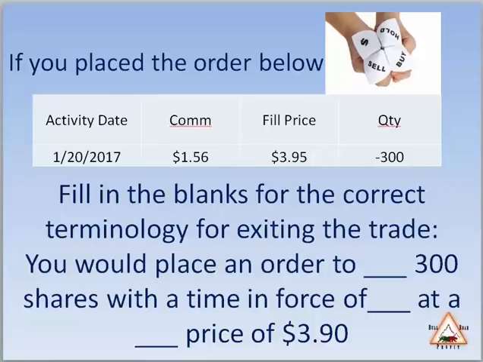On January 20th, you entered the trade at $3.95 and the quantity is negative 300. So you fill in the blanks here. You would place an order to what 300 shares with a time in force of what at a price of $3.90?